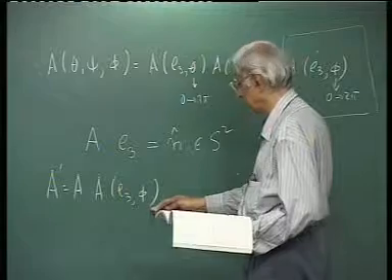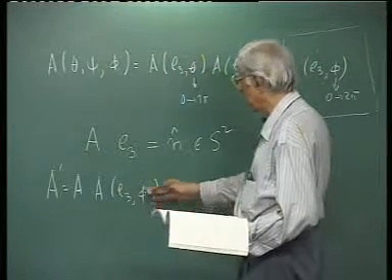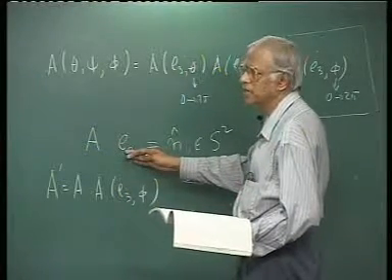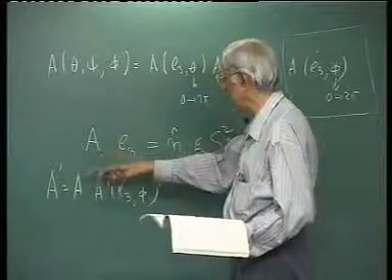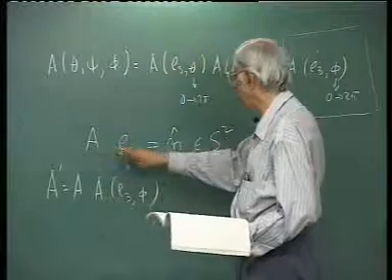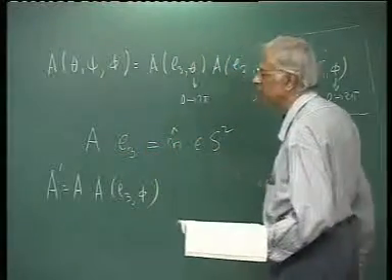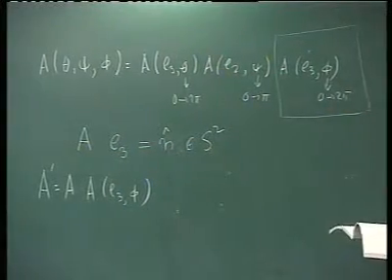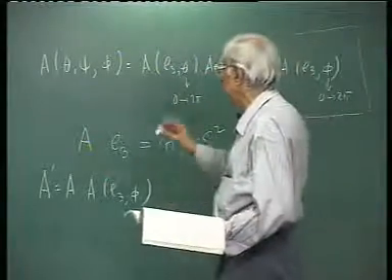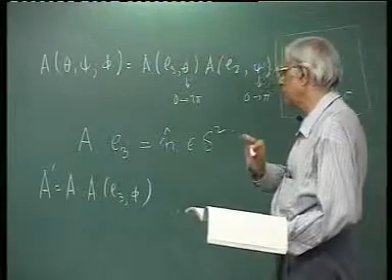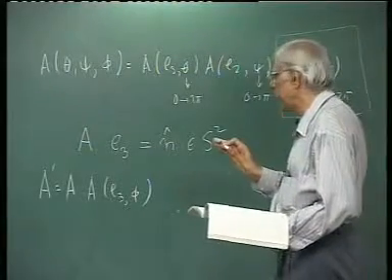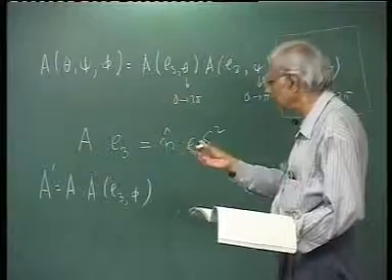And this z-axis rotation applied to E3, what will it do? It will leave it invariant. So A prime and A, if they are in the same coset, map E3 into the same unit vector n on the unit sphere. So you can see in this way that there is a one-to-one correspondence, and it is global. There is no hitch anywhere, no singularity anywhere.